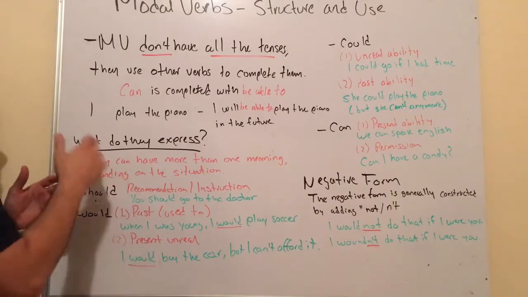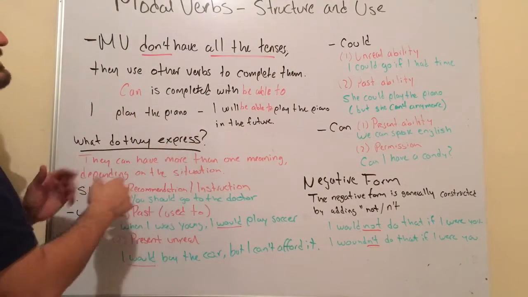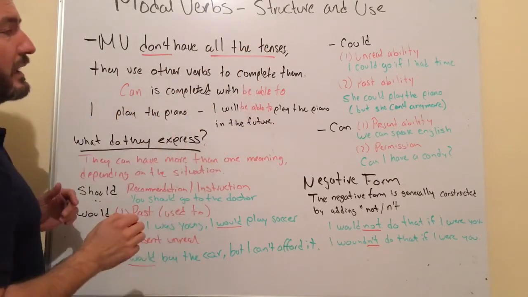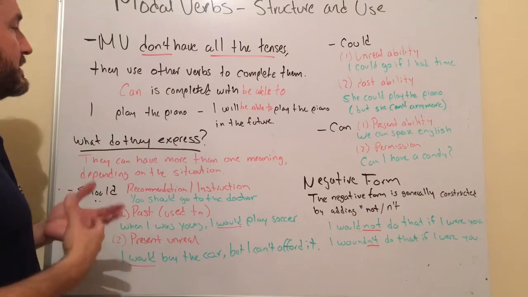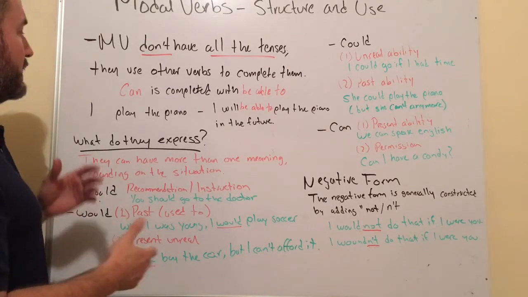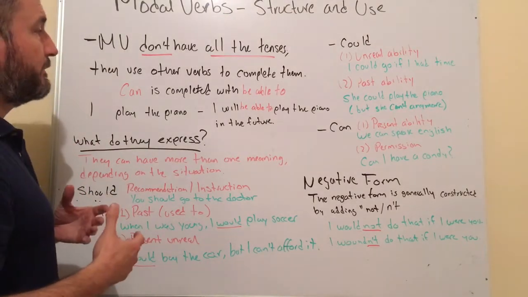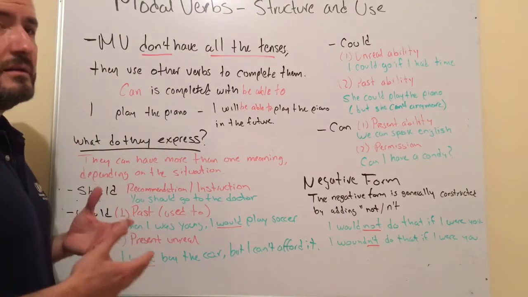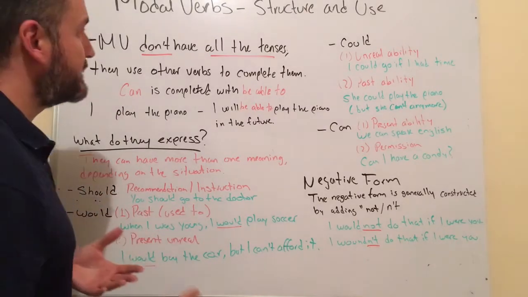In the sentence, I play the piano, it's the present tense. But what happens with the future? When we want to use this modal verb in the future, we can't, because the modal verb can does not have the future tense.